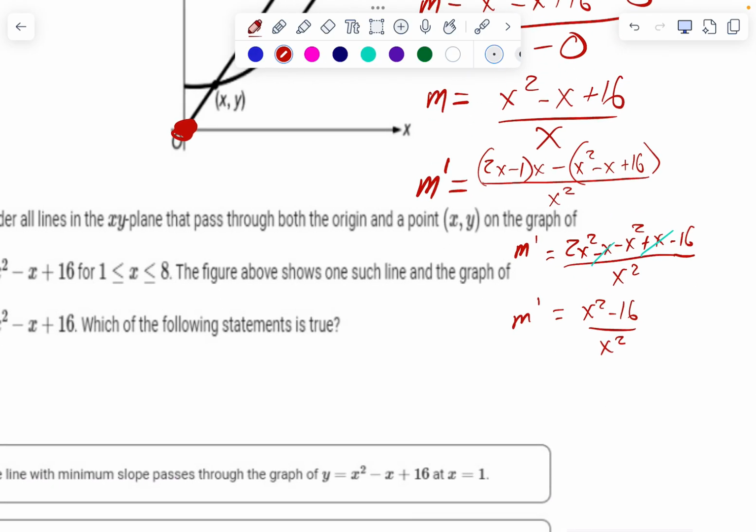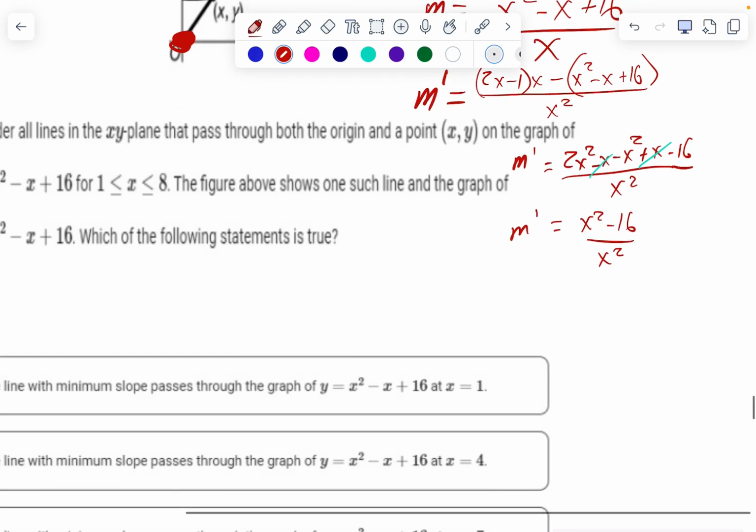Now what? We have our derivative. It's simplified. What do we do with it? We want to minimize the slope. So what's next? Critical points, right? The only places we know there are minimums are either endpoints or critical points. Well, we don't have to check endpoints.